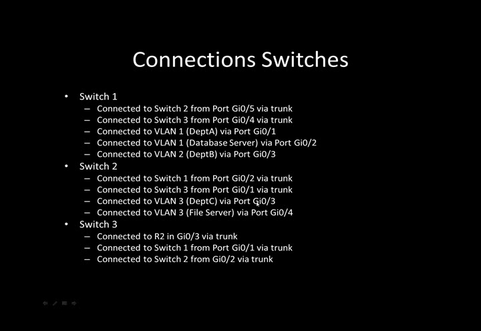It just carries all the packets from VLAN 3 or to VLAN 3. And on switch 3, all of the ports are trunking ports, because all of the other VLANs are going to communicate to the main router via the main switch, or the third switch, that is connected to the other two switches.